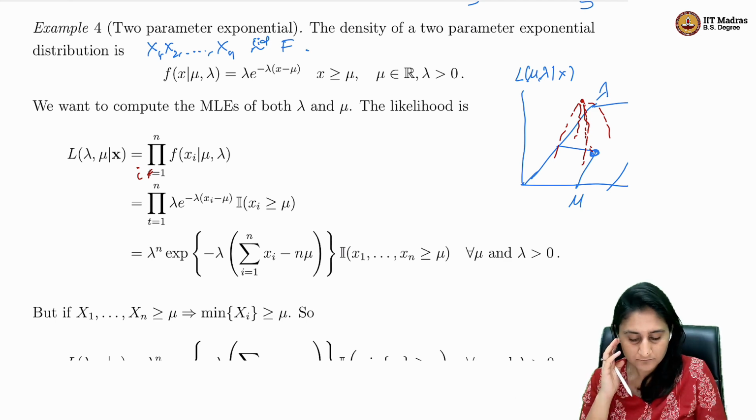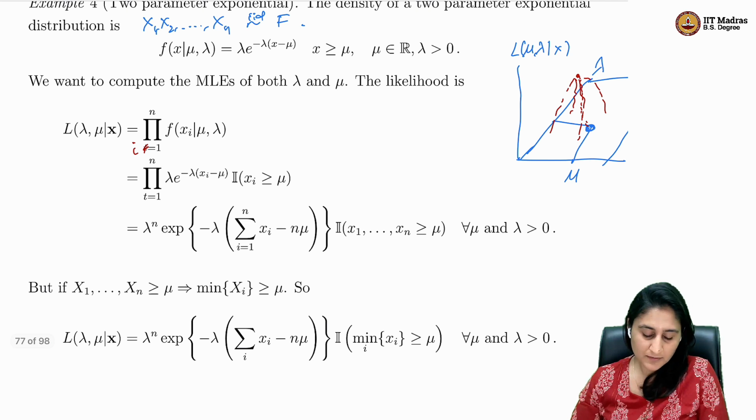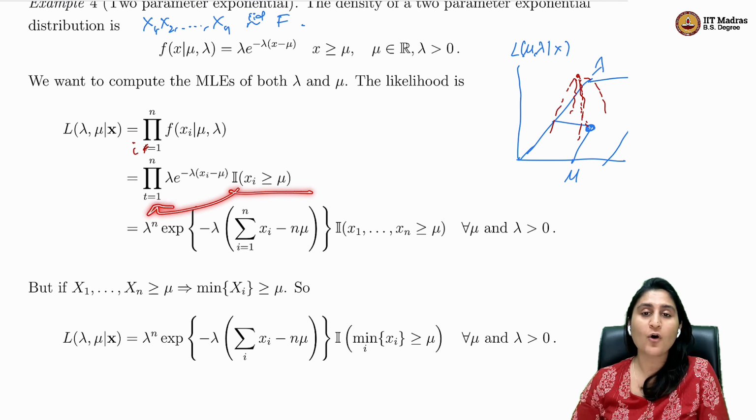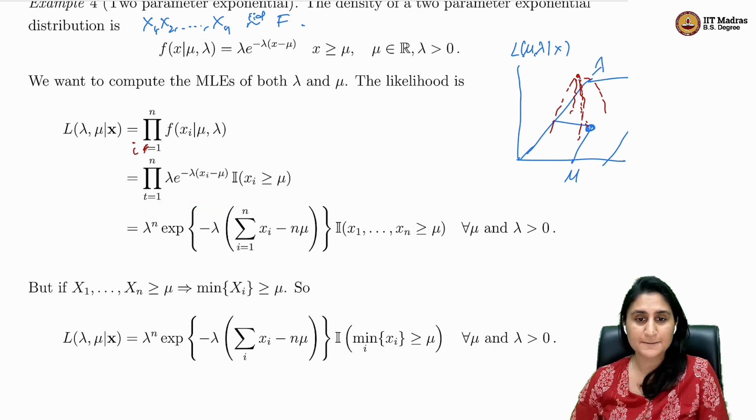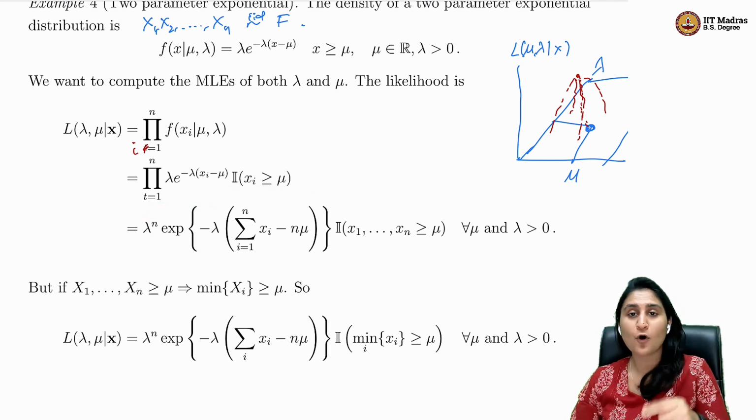Then I can write this product as lambda to the power n, because it's just a constant. And I can take the product inside to make this a summation. So I get e to the power minus lambda summation xi, and then this mu with the summation becomes n mu. But this indicator also has to hold for the product over i, which means it has to hold for all xi's.